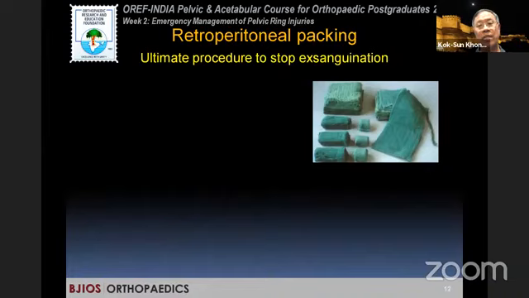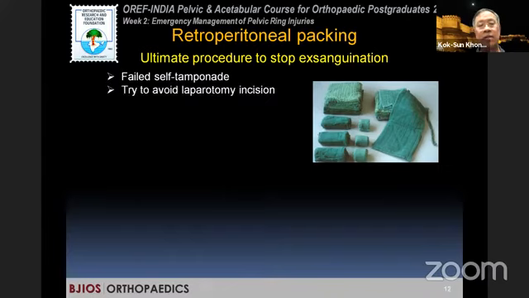Finally, what else can you do to stop bleeding? This is the ultimate procedure. It's called retroperitoneal packing. It's done when self-tamponade has failed, you have done the external fixator or the C-clamp, you've done an angiography and you find there's actually no arterial bleed. You're trying hard to resuscitate the patient.